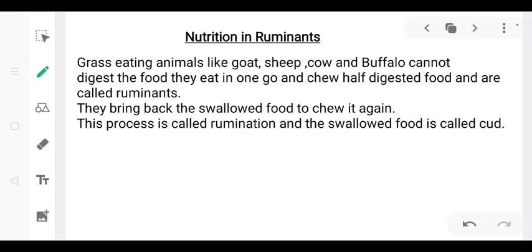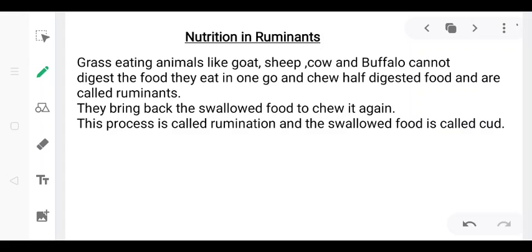Now let's see the nutrition in ruminants. So what are ruminants? Ruminants are the grass eating animals. Grass eating animals have a very special way of digesting their food. Animals like goat, sheep, cow, buffalo cannot digest the food they eat at one time, because they do not have the enzymes to break down the cellulose, which is a type of carbohydrate present in the cell wall of the plants.